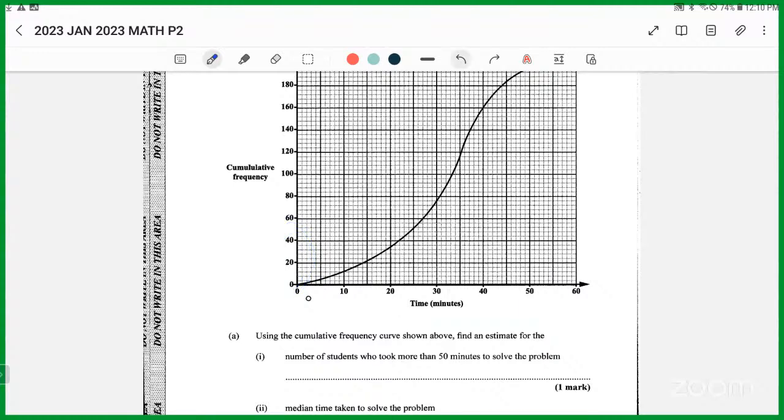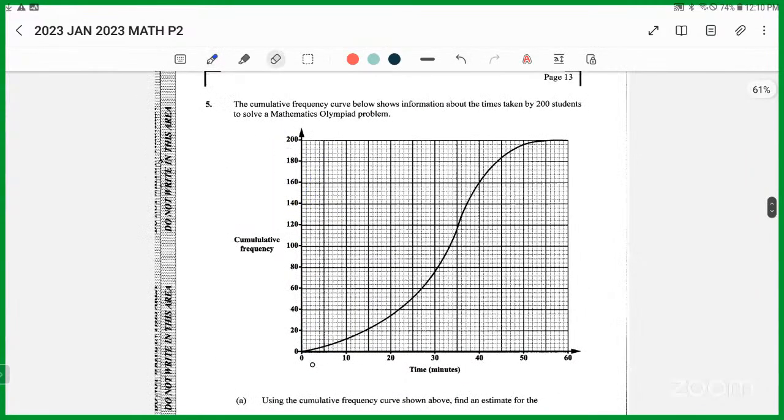The ones who took the longer time are the ones at the top. So this lines up the students in ascending order, from the ones who took the shortest time to the ones who took the longest time at the top. See, these down here correspond to the times down here, and these at the top correspond to the times up here.